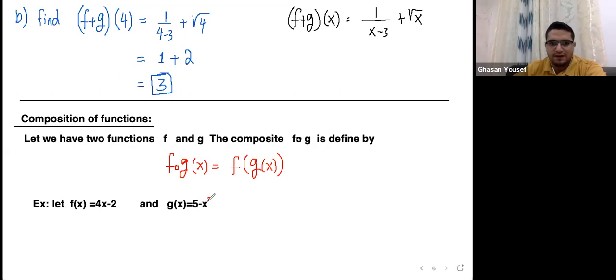My question now: find f circle g of x, and after that find the opposite, g circle f of x.